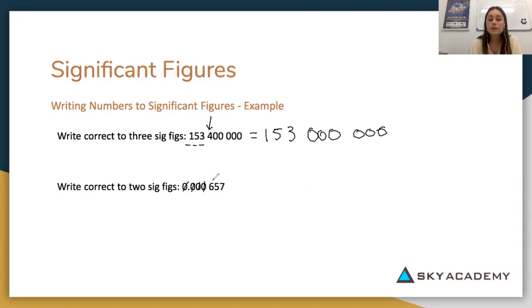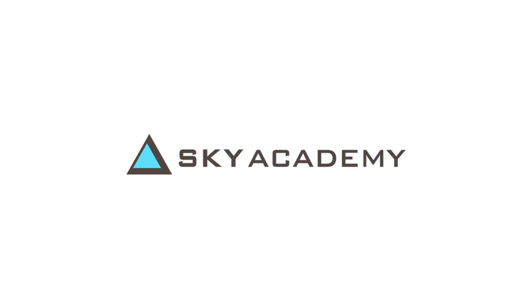Remember, we do have to round up, and because this third number is 5 or above, we round up the second number, which is 5. So the answer will be 0.00066. So we do not count the zeros as significant figures, but we need to keep them in our answer to hold the place value, because otherwise it changes the number completely.